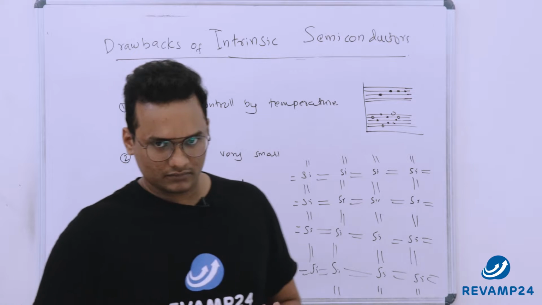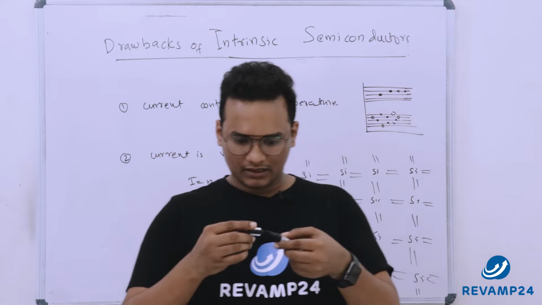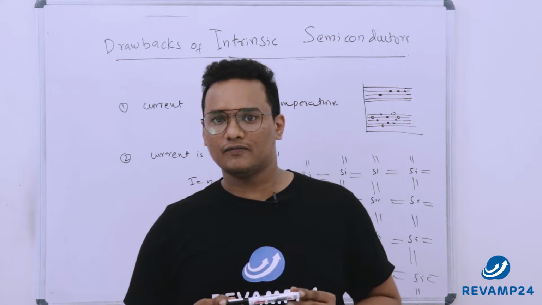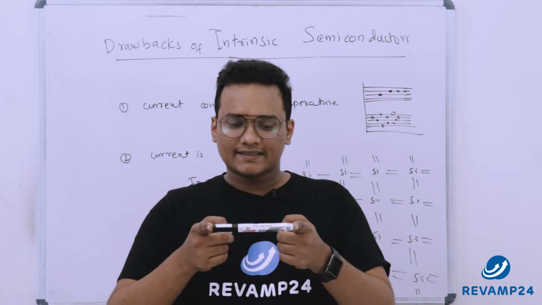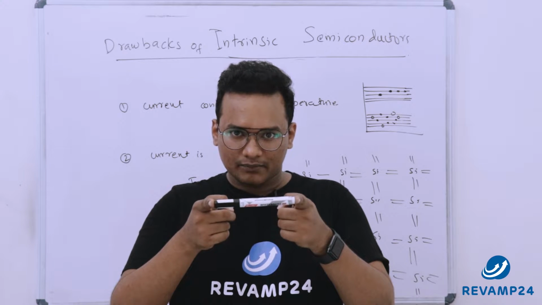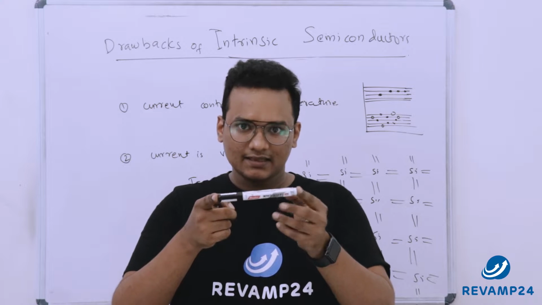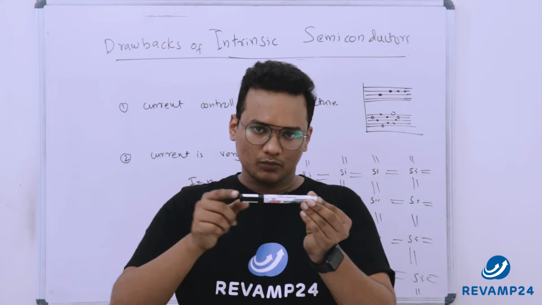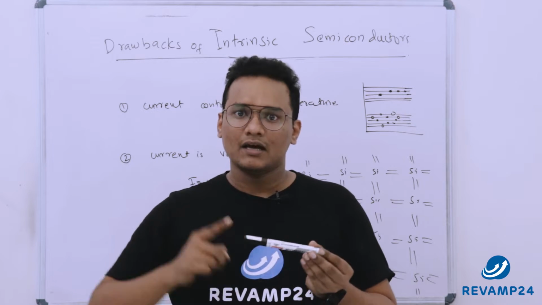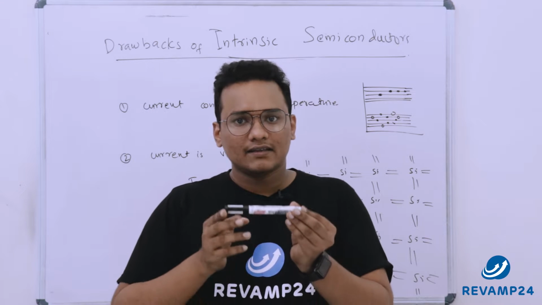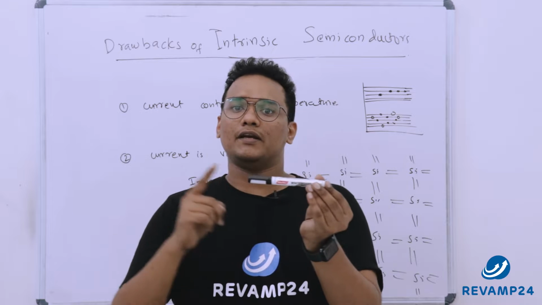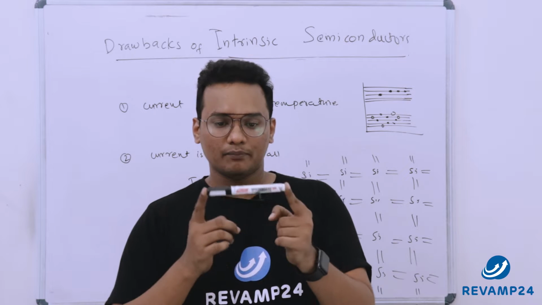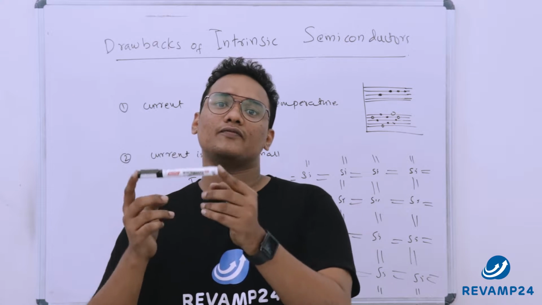Now here I am keeping a semiconductor. Let's say I have made my mobile phone using an intrinsic semiconductor. Let's say now the temperature is 27 degrees Celsius. A value of current is passing through my device. But at night the temperature would be lower, and it may be 24 or 23 degrees, but the value of current would be a different value.